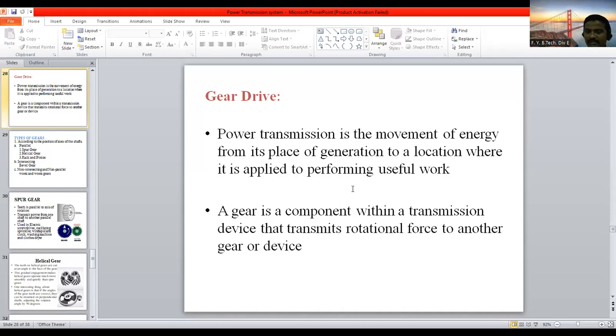Now in this gear there are again different types of gears. We can manufacture them accordingly on such kinds of machines. So we will see the classification of different types of gears based on various factors.